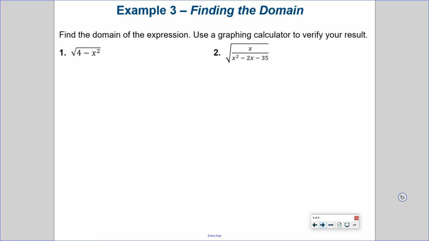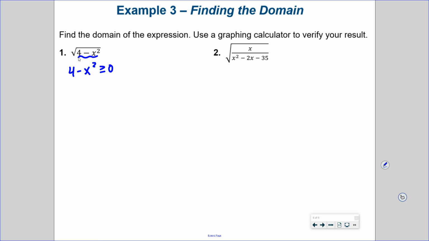So what do we know about the domain of radicals, of square roots? It has to be greater than or equal to 0. Yep, exactly. Whatever is underneath here has to be greater than or equal to 0. So really, this is just solving an inequality.